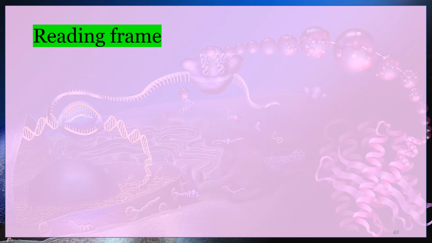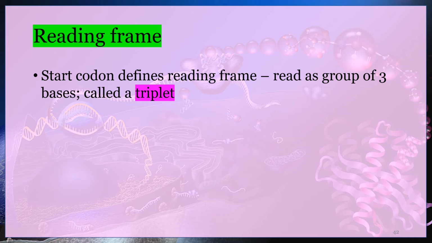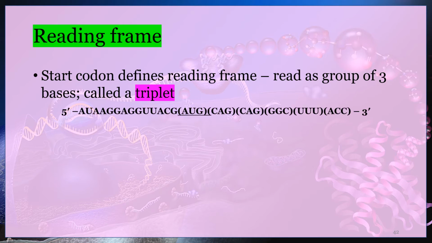What we have is what is called the reading frame. The start codon defines the reading frame, read as a group of 3 bases called a triplet. As we're looking here, we look for the start codon, and then we start reading the amino acids in triplets. We have the start codon here, the AUG, and then we read CAG in triplets all the way down.